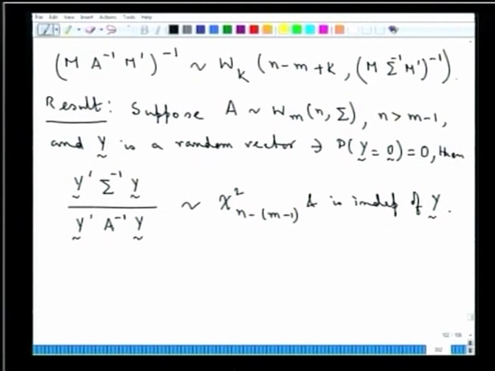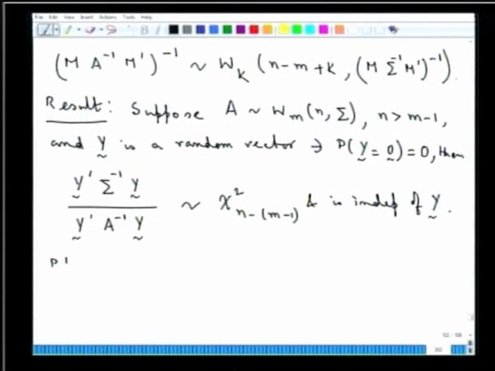This reminds us of a similar result that we had proved earlier, which was without the inverse: y transpose A y by y transpose sigma y was shown to have a central chi-square distribution on n degrees of freedom. Now, instead of the Wishart distribution, if we work with an inverted Wishart distribution, this is the result which tallies with the result that we had previously obtained.